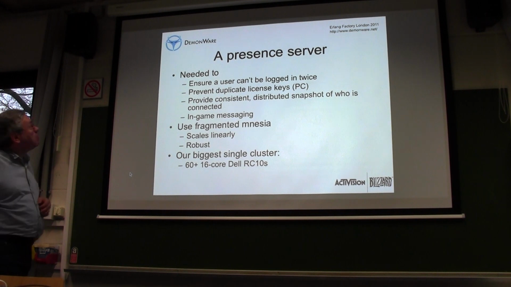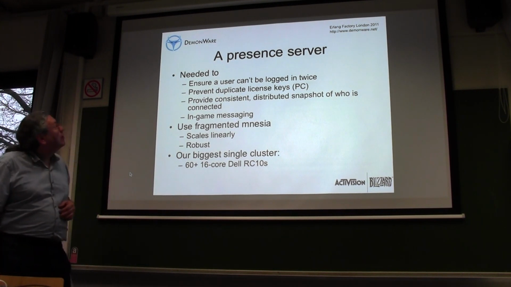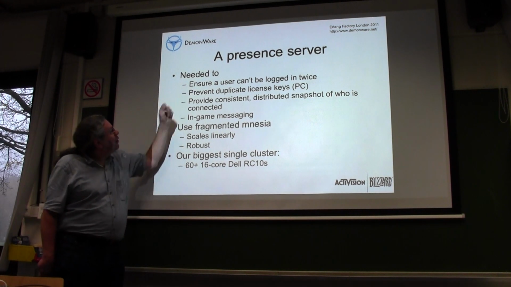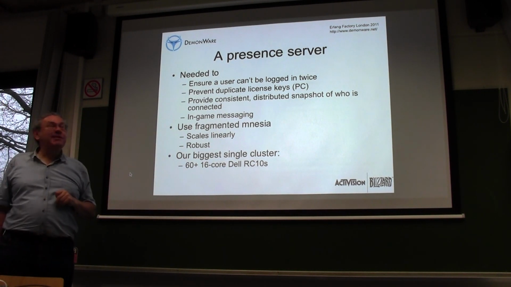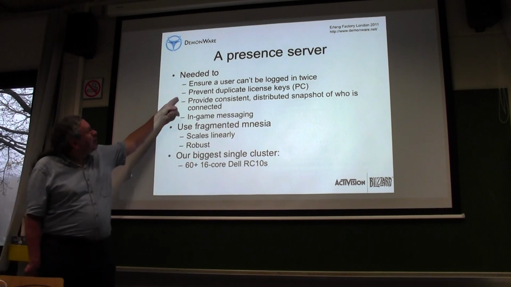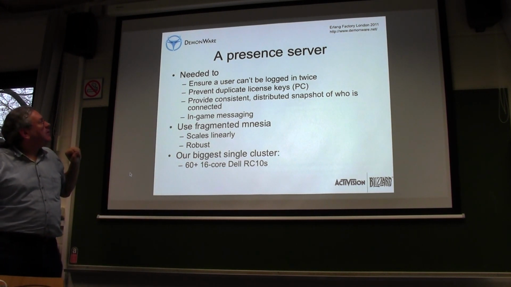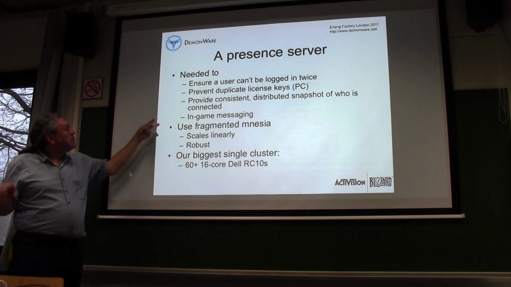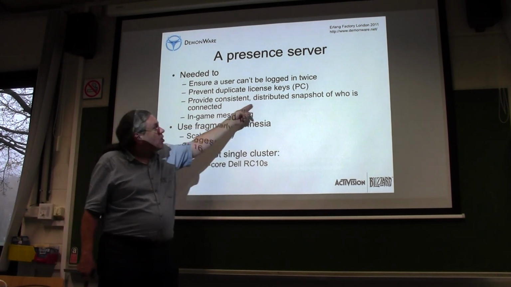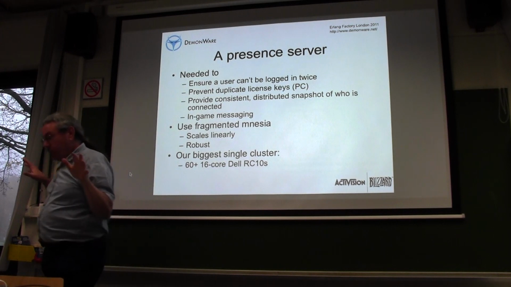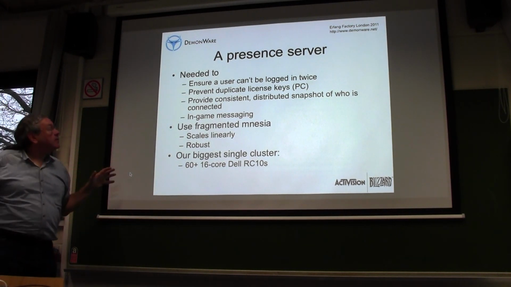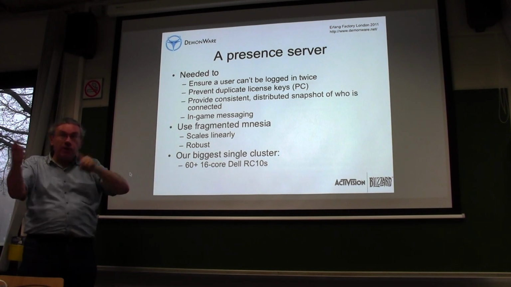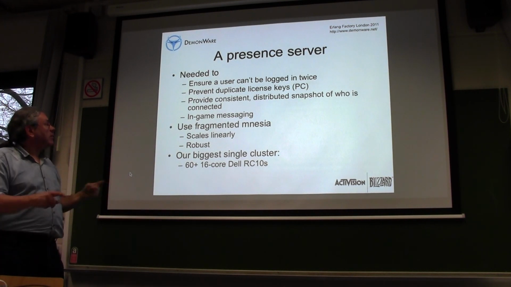They did something called a presence server. This is something that you need to ensure that a user cannot be logged in twice, and that there's no duplicate license keys like on PCs. And who is connected? So this provides a snapshot, a concurrent distributed snapshot of who is connected. It also supports all the in-game messaging. Okay?